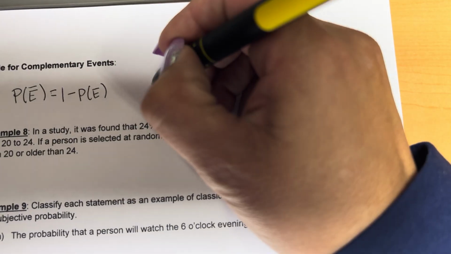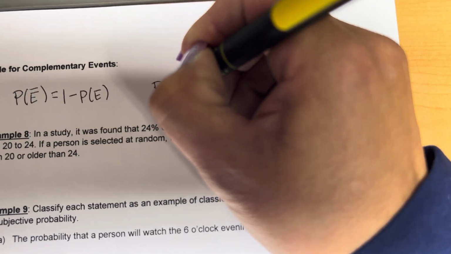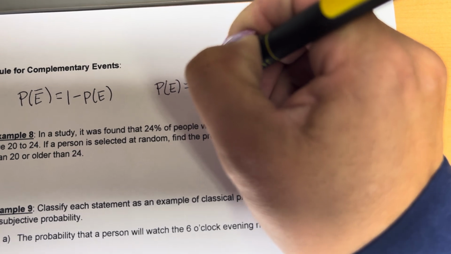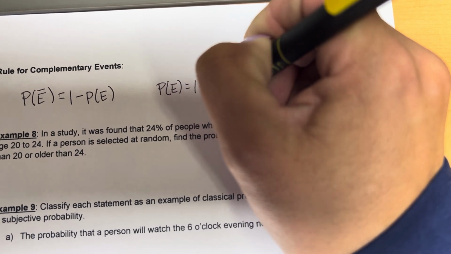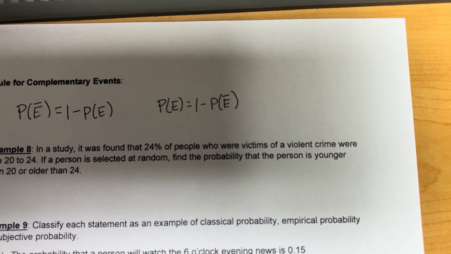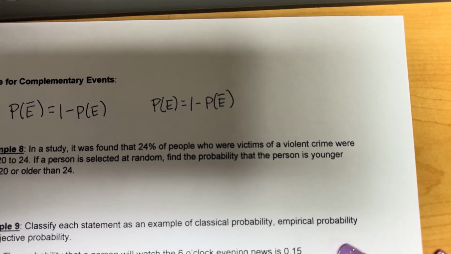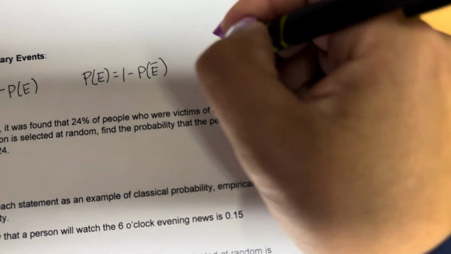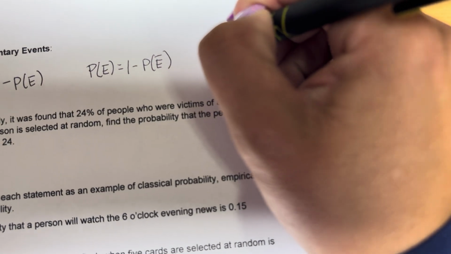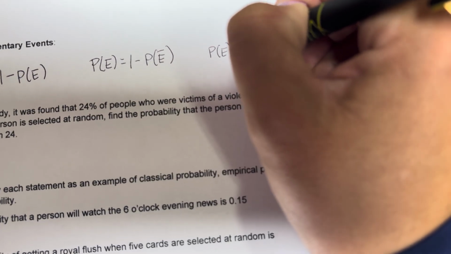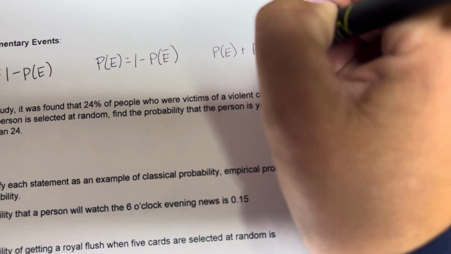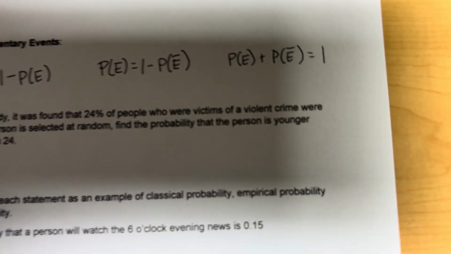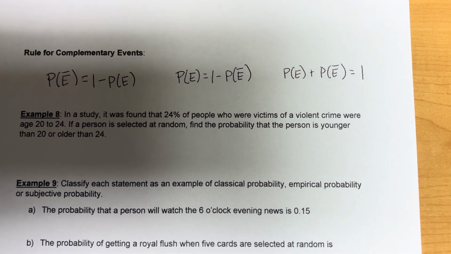Or we can have the probability of the event equals 1 minus the complement. Okay. And the third one is the probability of the event plus the probability of the complement has to equal 1. Okay. These are the 3 options.